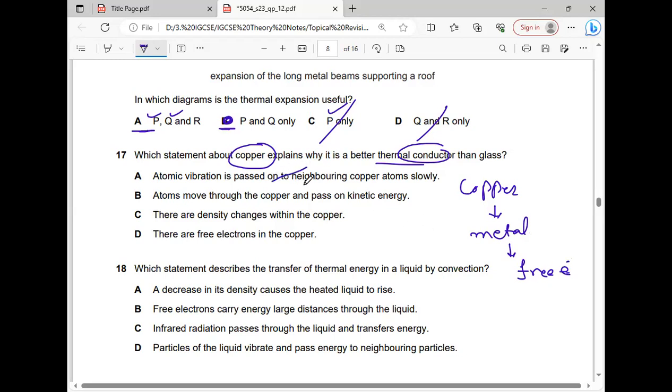No. Atoms move through the copper and pass on kinetic energy? No. Electrons always move. There are density changes within the copper? No. There are free electrons? Yes. Since copper is a metal and heat is being transferred very quickly due to the presence of free electrons or mobile electrons. So option D is the correct answer.